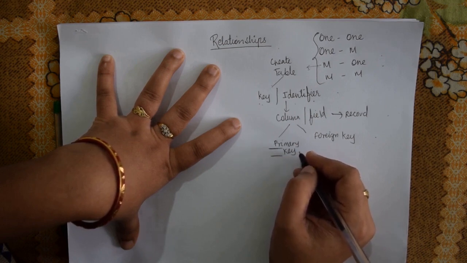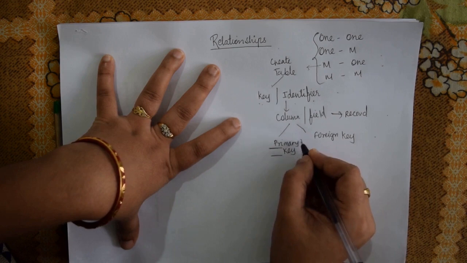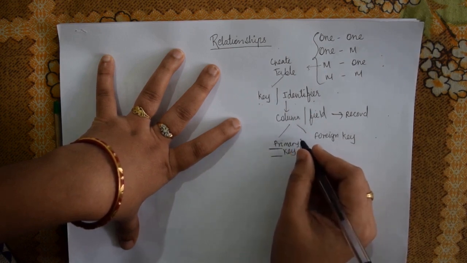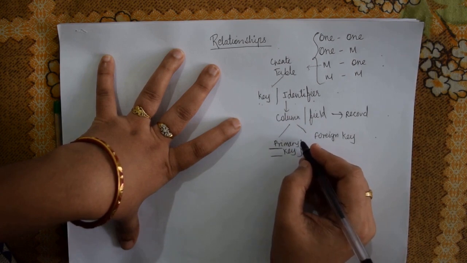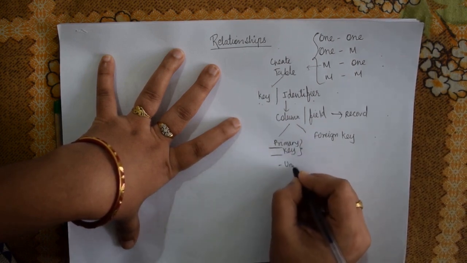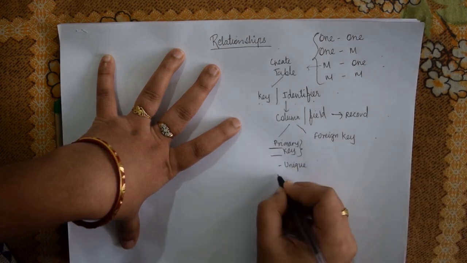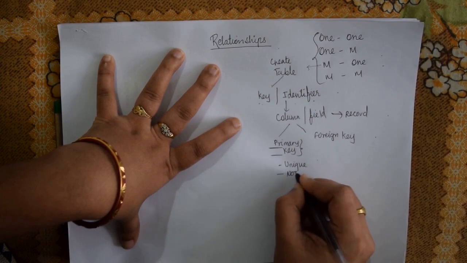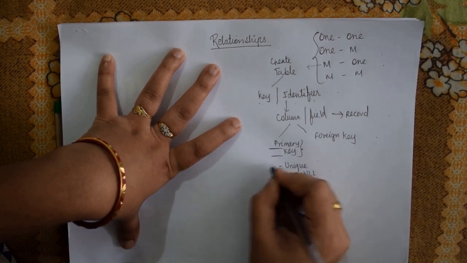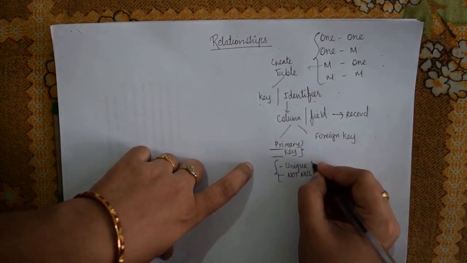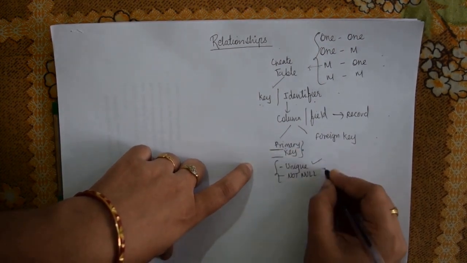Here I just want to revise it quickly: primary key is the unique identifier of a table, and it should not be null. These two are the main properties of a primary key.